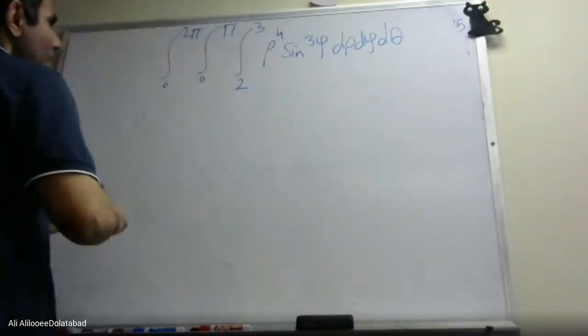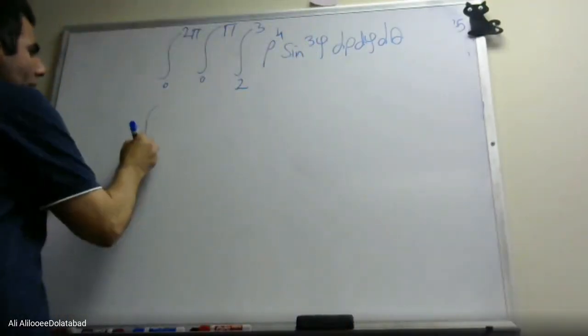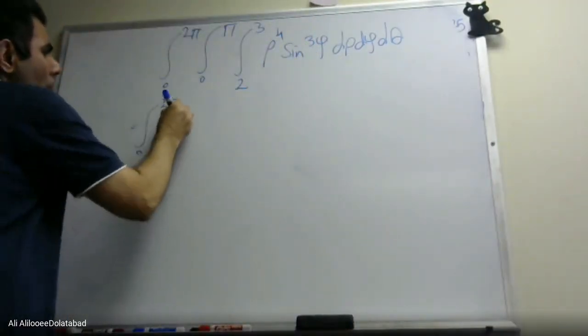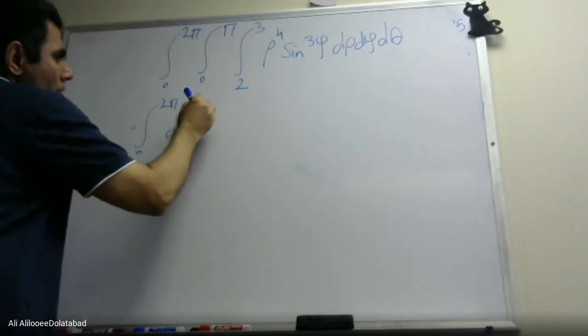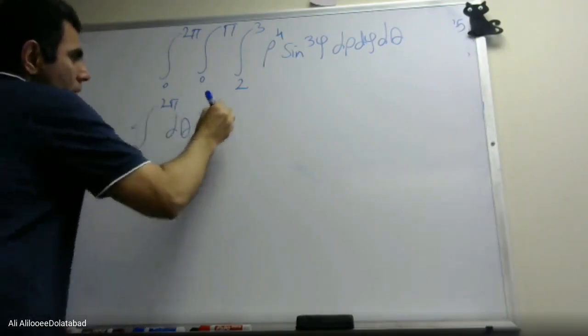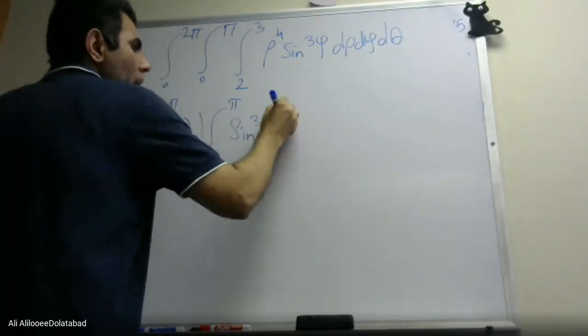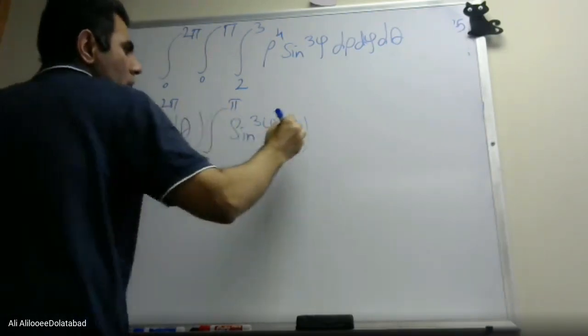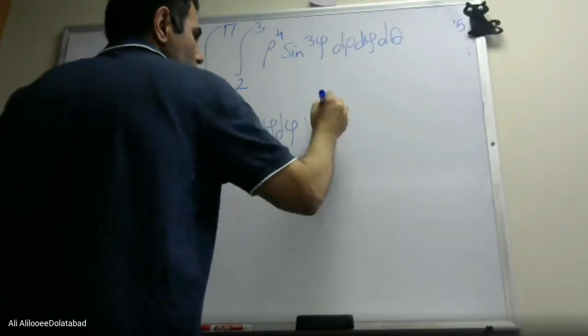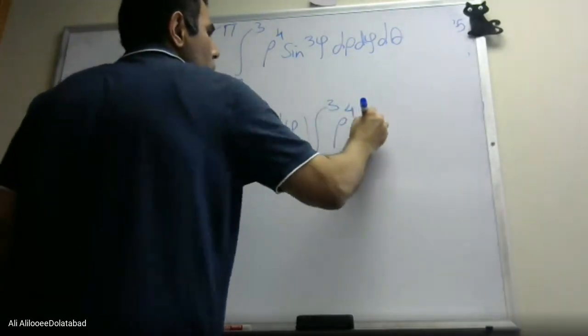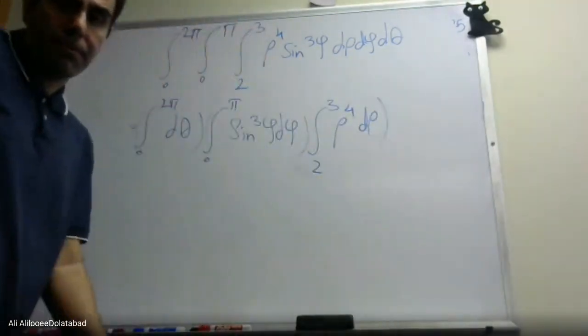So it can be written as the product of 3 integrals. We have 0 to 2 pi d theta times the integral 0 to pi sine cubed phi d phi times the integral 2 to 3 rho to the 4 d rho.